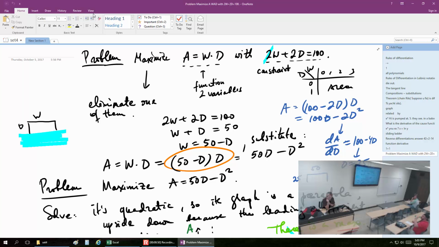So we modified it, as you can see, I did it in blue. What the picture changes is that instead of having a full rectangle, the enclosure is still rectangular, but it's missing one side, which means that instead of 2W, you have just 1W. And that changes things.